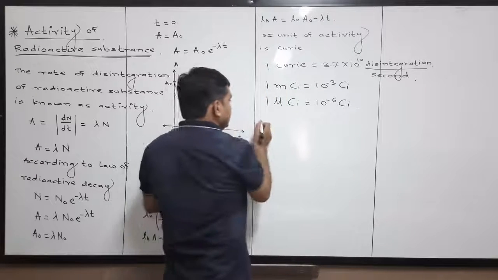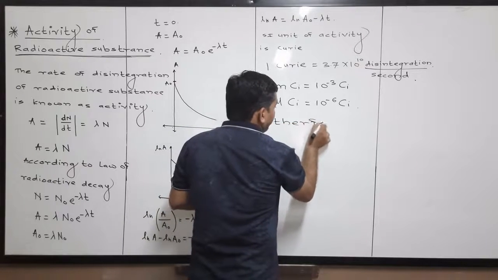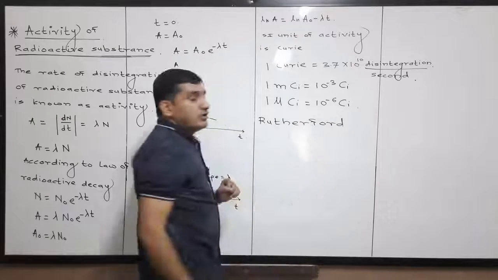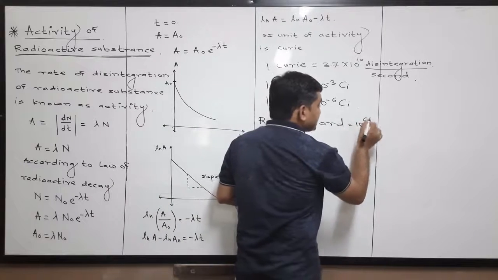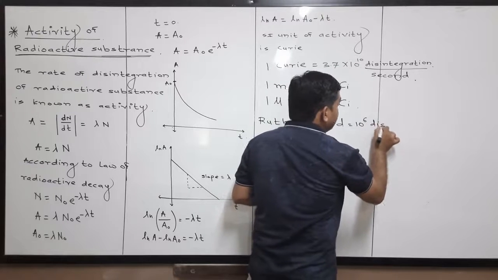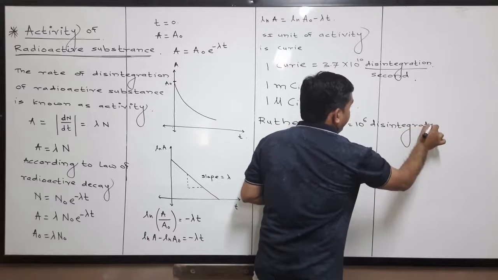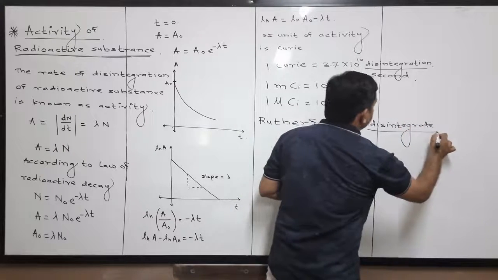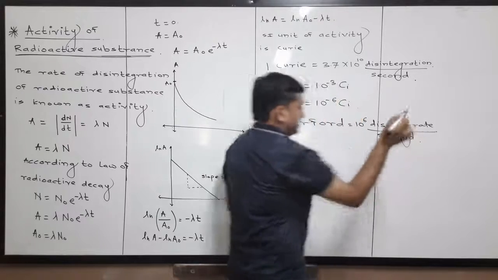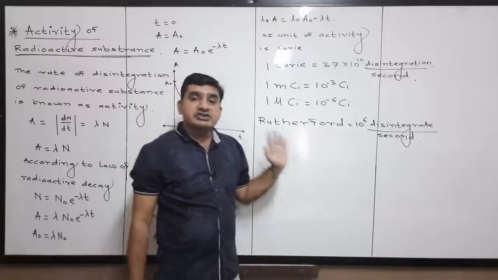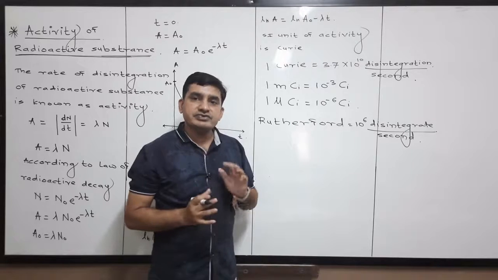So the second unit is the Rutherford, 10 raised to 6 disintegrations per second. This is related to the activity of a radioactive substance.